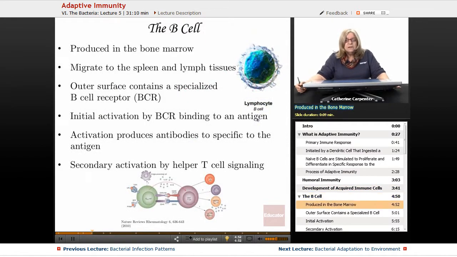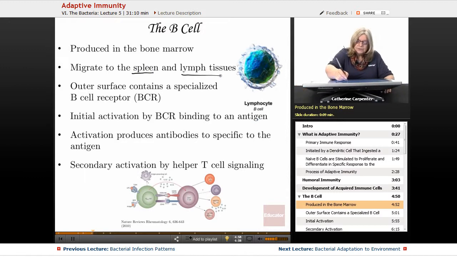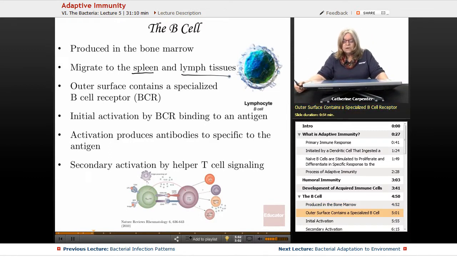So the B cell, remember, is produced in the bone marrow. It migrates to the spleen and to the lymph nodes. And the outer surface of the B cell has what's called a B cell receptor. The B cell receptor is activated by binding to an antigen.